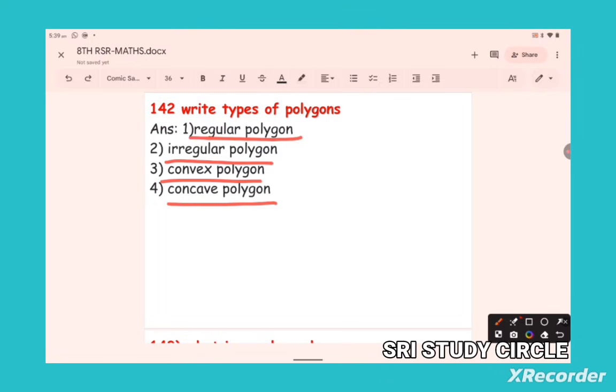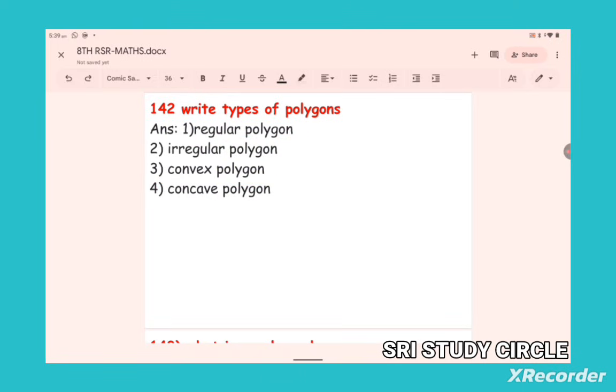Already we discussed convex and concave. So how many types of polygons do we have here? Four types: regular, irregular, convex, concave.